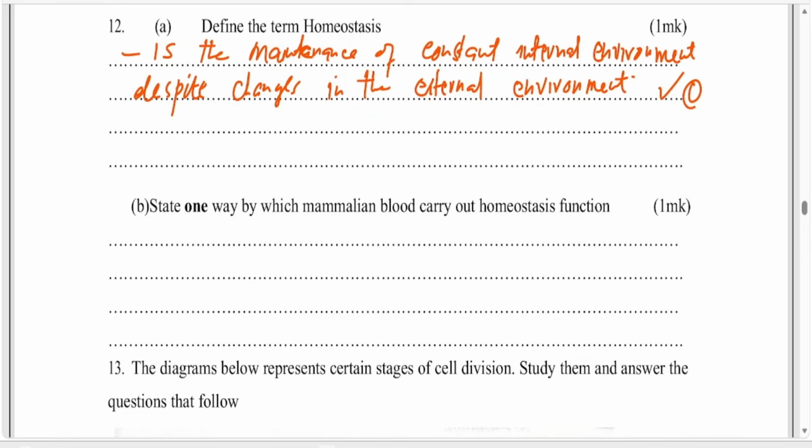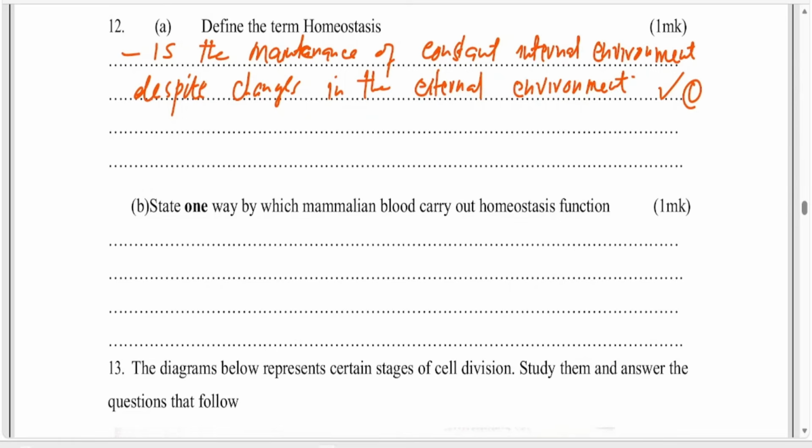So for instance, we have a homeostatic factor such as temperature. In mammals, temperature is supposed to be maintained at around 36 degrees Celsius. So despite temperatures increasing outside the body, or outside the environment which surrounds the cells, the temperature within the body cells will remain at 36.